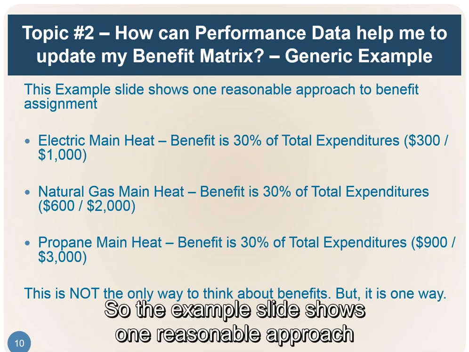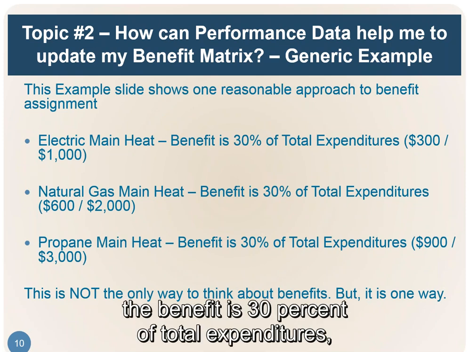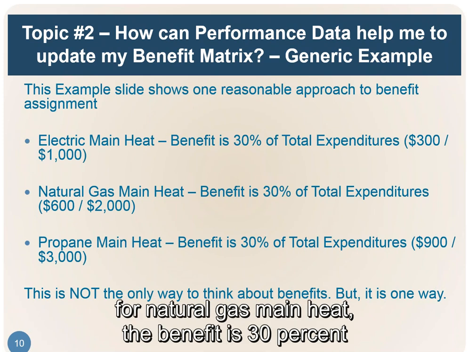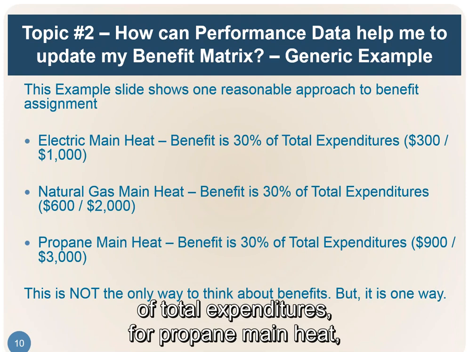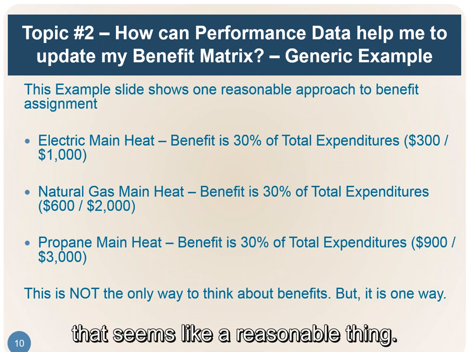The example slide shows one reasonable approach to benefit assignment. For electric main heat, the benefit is 30% of total expenditures. For natural gas main heat, the benefit is 30% of total expenditures. For propane main heat, the benefit is 30% of total expenditures. That seems like a reasonable thing.